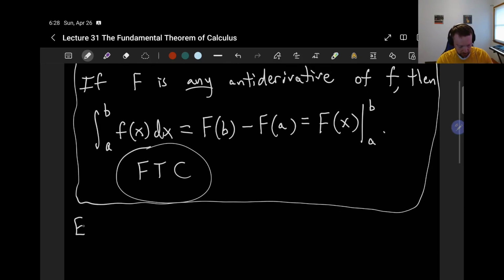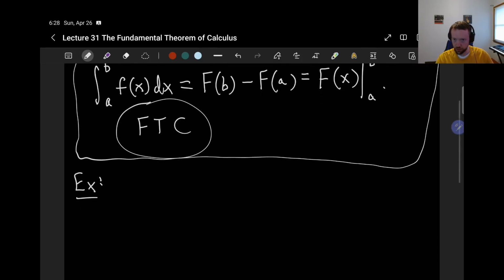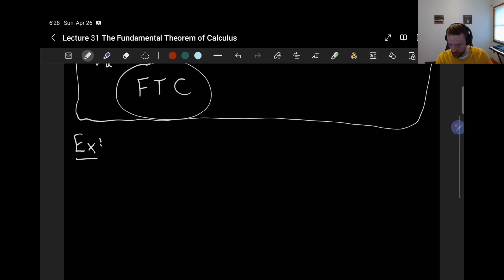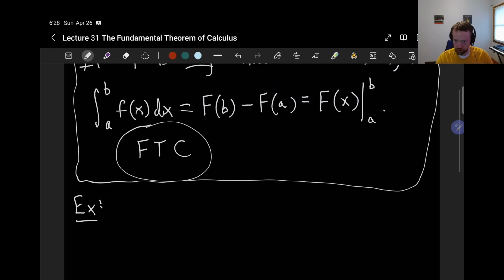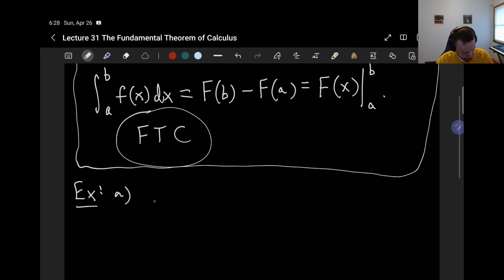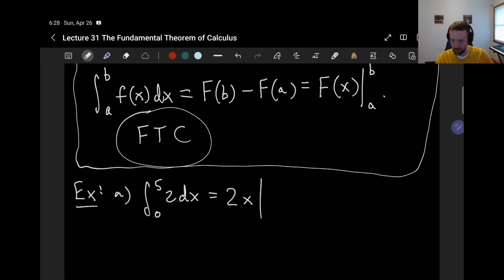So let's do a couple examples. These are going to be examples that we actually did last time using geometry, but now I'm going to solve it using the fundamental theorem. So part A, you can go back and check to see that we got the same answers. When I graphed this, it was a rectangle. So we use the antiderivative 2x.